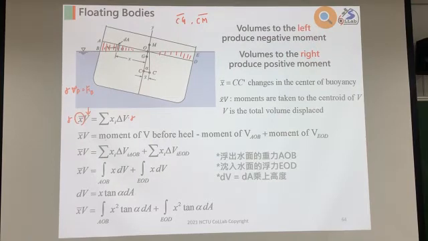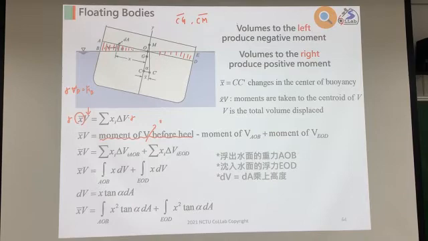So what are the changes? Here is the moment of the volume before rotation. The moment before rotation should be equal to 0, right? Because it is stable, and the left-hand side and right-hand side moments cancel out.